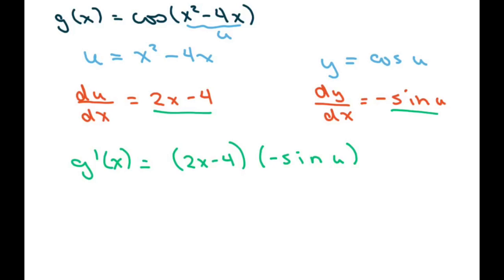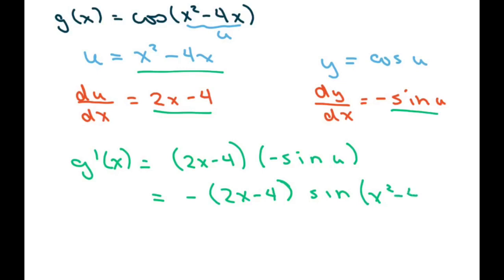And I'm going to bring this negative in front, so I'm going to get negative 2x minus 4 times sine of u. And my u happens to be, I'm going to take out this parentheses here, x squared minus 4x. And that's your derivative.